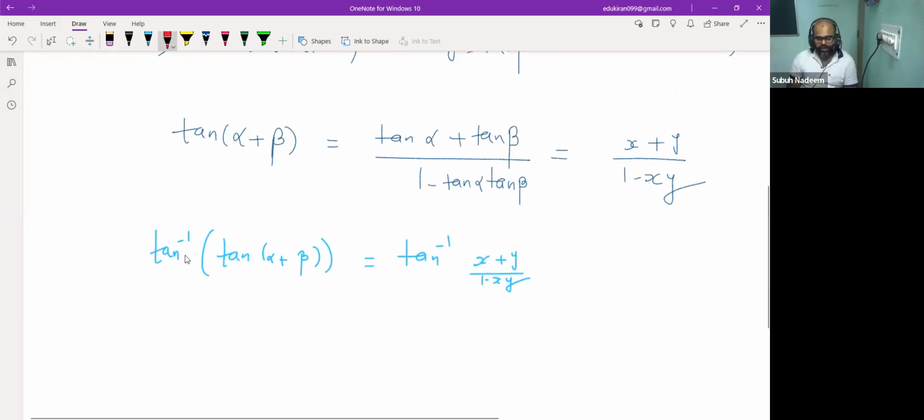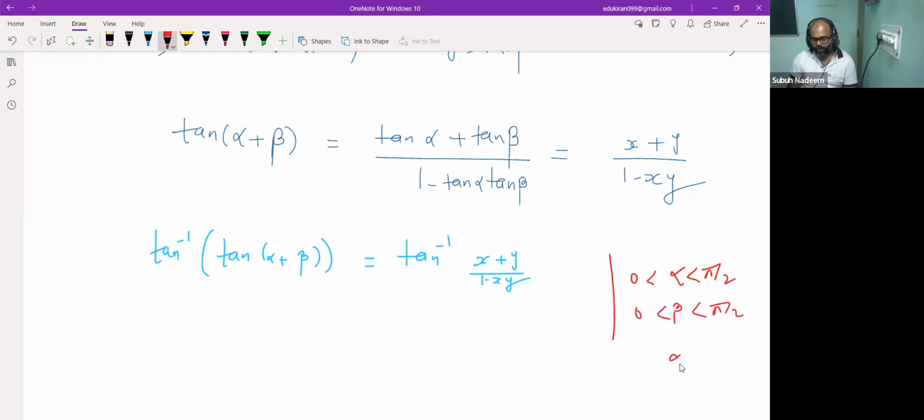Can we cancel this tan inverse and tan and write it as alpha plus beta, or we can't? Can anyone tell? See, alpha is 0 to pi by 2. Beta is also 0 to pi by 2.